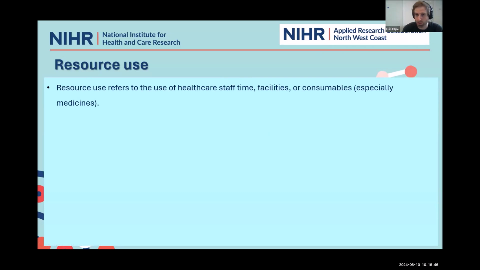So in terms of resource use, Valerio basically already explained a little bit. It's exactly like if you are going to have a dinner, the amount of units of spoons, forks, etc. that you need. So if you put this in terms of healthcare, of a certain service in healthcare, it is going to be, for instance, the use of healthcare staff time, facilities, consumables.